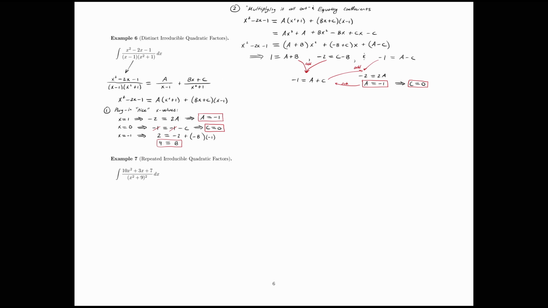Lastly, we can take this equation here and sub in a and c. Well, there's no a in this, so I guess just sub in c. And this will give us -2 equals -b, which implies that b equals +2.